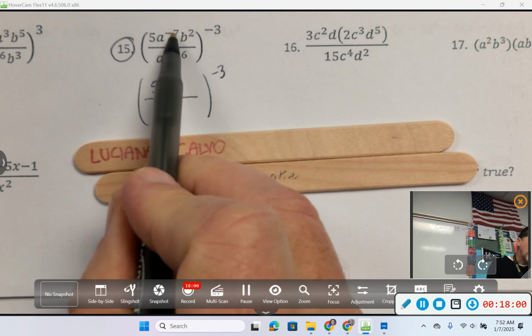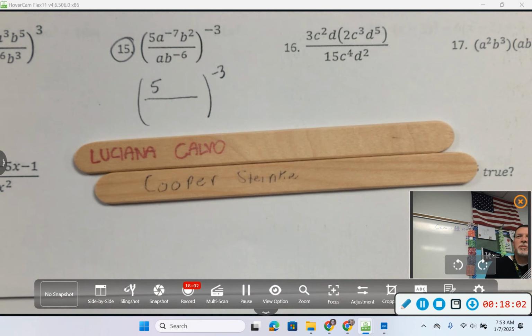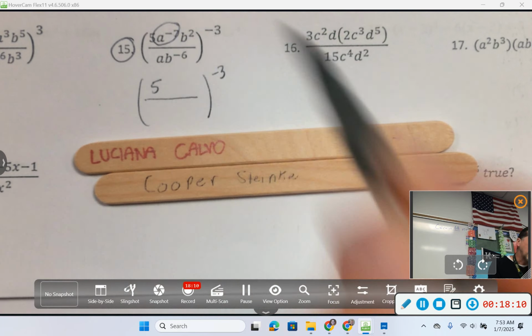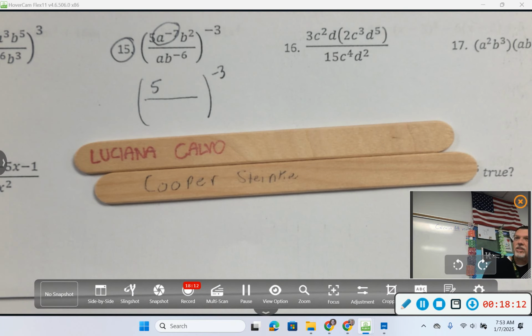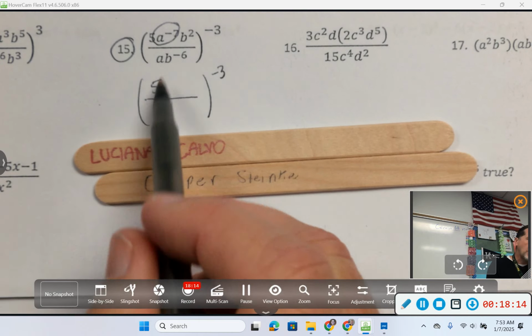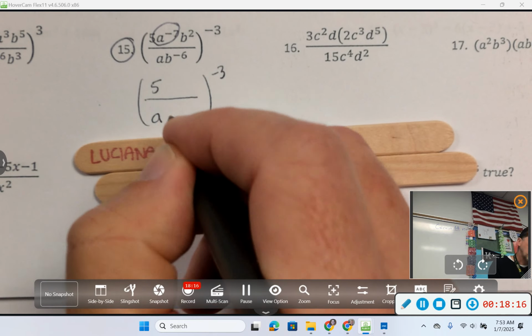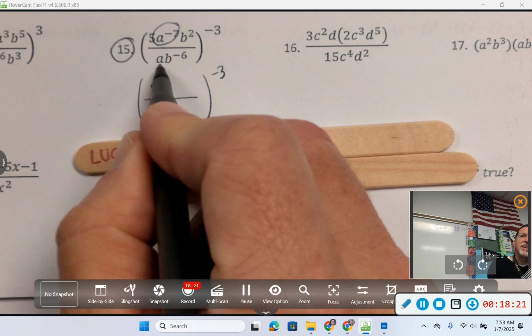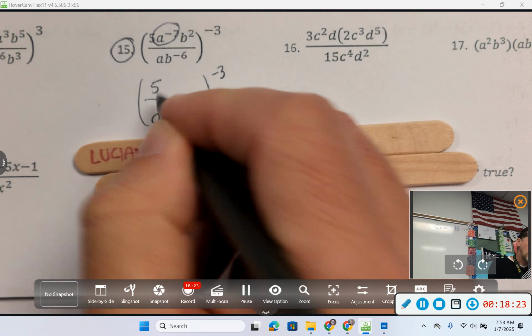Well, this is a to the -7 and that's just a, so when I put them together, do you remember what we do with a to the -7? What the negative does? Yes, put it under. And so now how many a's are in the bottom? Well, we moved 7 down there, but there was already 1 down there. So 8.